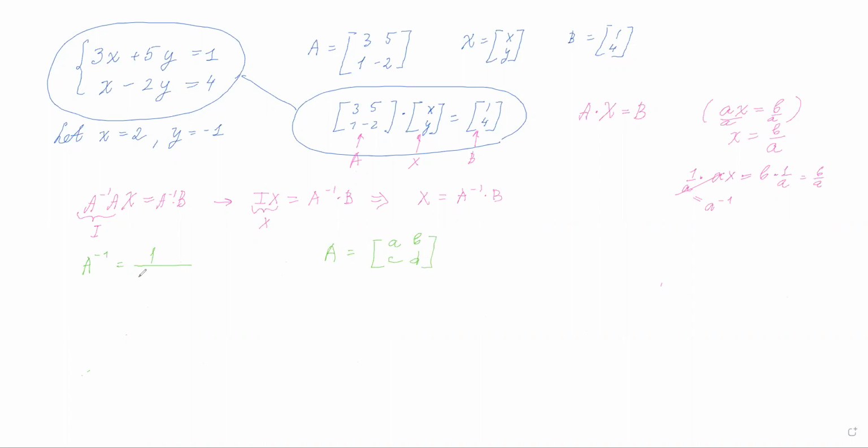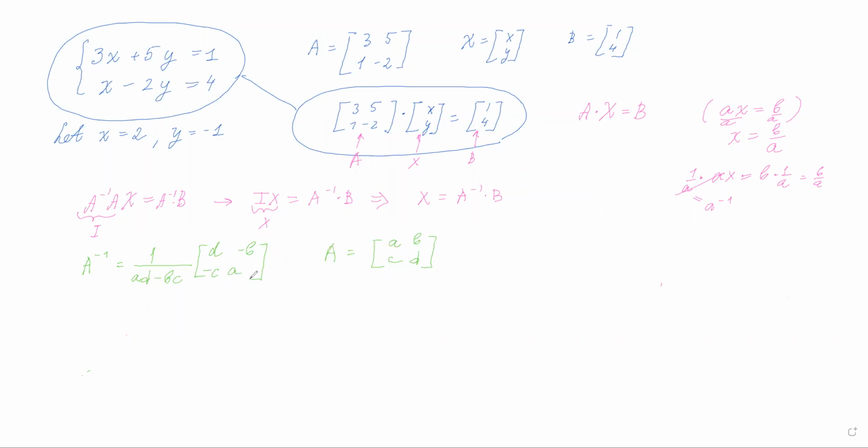First, it's 1 over AD minus BC. We're doing inverses only of 2 by 2 matrices. And then what we do here, we are exchanging A and D. I'm going to put D here and A here, exchanging A and D, and put minuses in front of B and C, minus B and minus C. That's basically going to be our inverse.